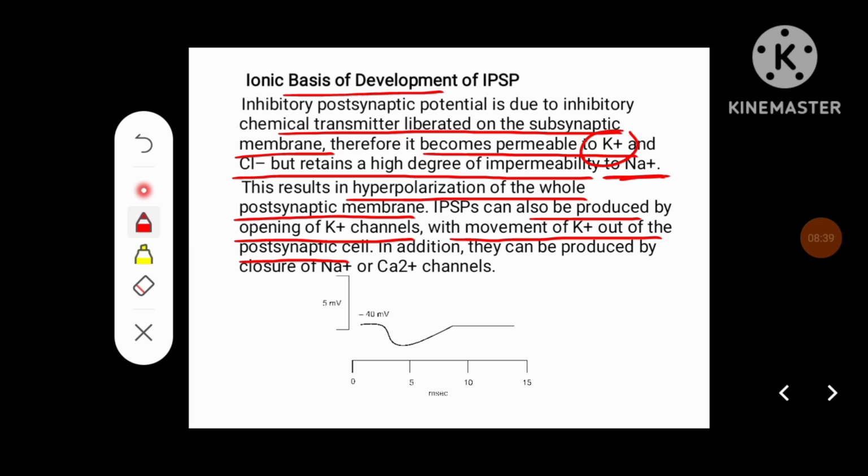In addition, they can also be produced by closure of sodium and calcium channels. This is a diagram showing the IPSP, where sometimes the membrane potential can go from minus 40 to minus 50.